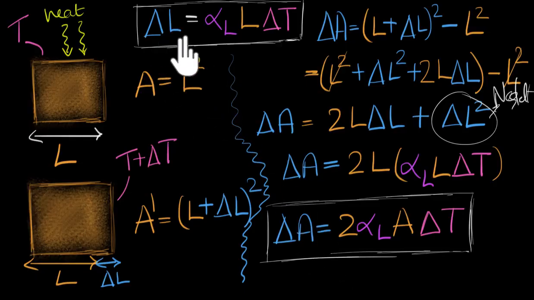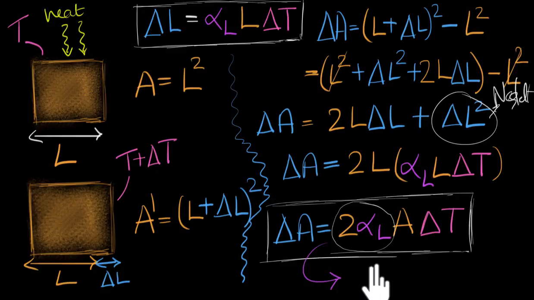Just like how you have change in length equals some number times length, original length times delta T, you have change in area equals some new number, some new constant, times area times delta T. So just like how alpha L is the linear expansion coefficient, tells you how much length has expanded, this 2 alpha L, we can now call that as the area expansion coefficient.